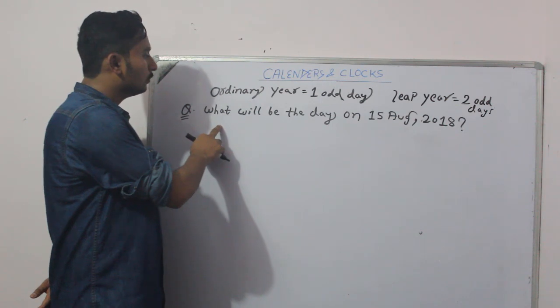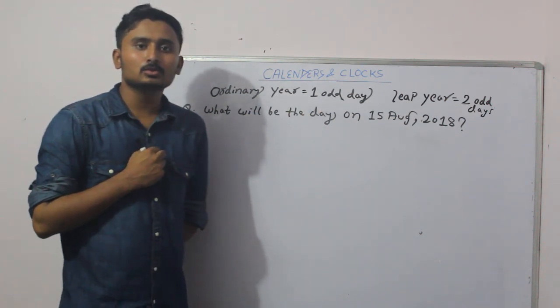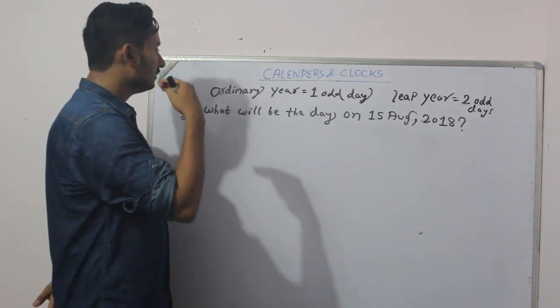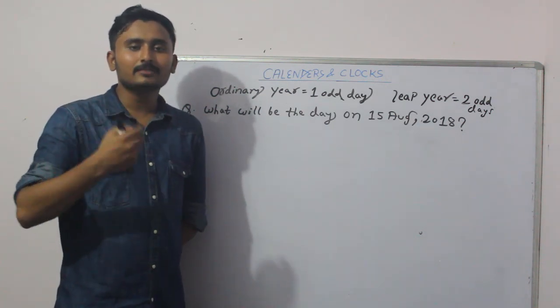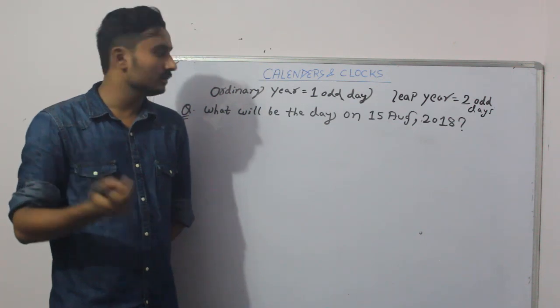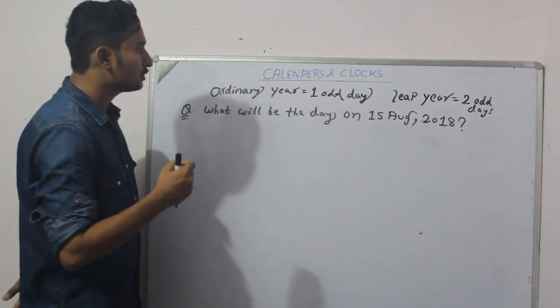The problem is, what will be the day on 15th of August 2018? Friends, this is a very simple question. We need to find out what the day will be, either Sunday, Monday and so on, on 15th of August 2018. So let's proceed.